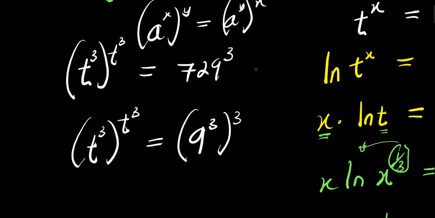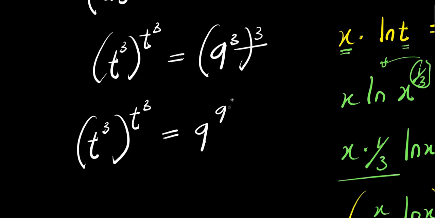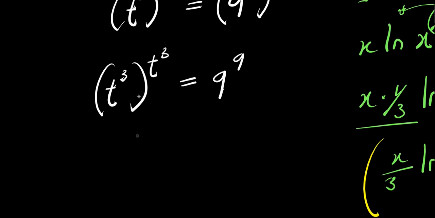Now I can multiply this exponent. t power 3 raised to the power of t power 3 equals 9 power 9. Now, this and this are the same.